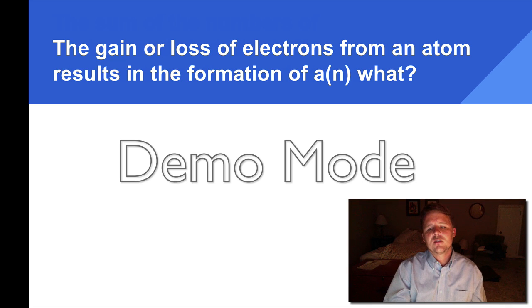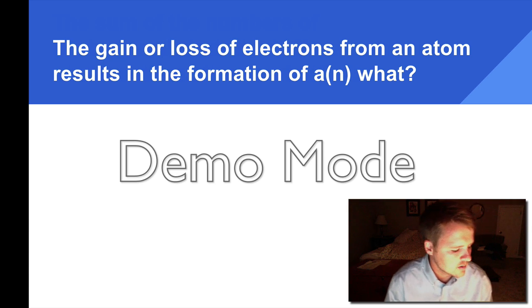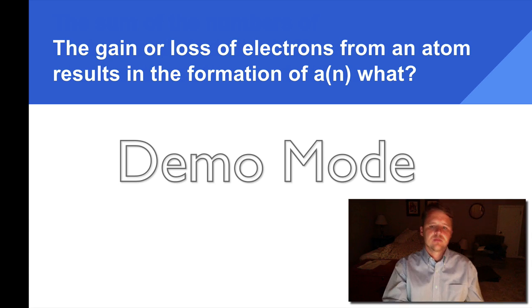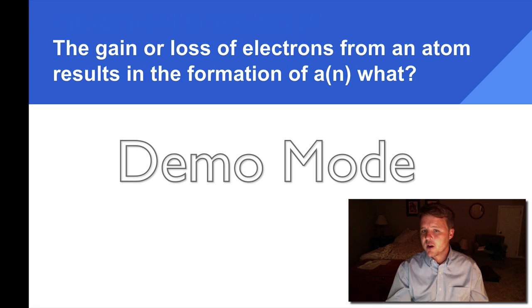The gain or loss of electrons from an atom results in the formation of a what? It forms an ion. This is opposed to isotope. Isotope is whenever you add or take away a neutron, but in this case, we're adding or subtracting an electron.